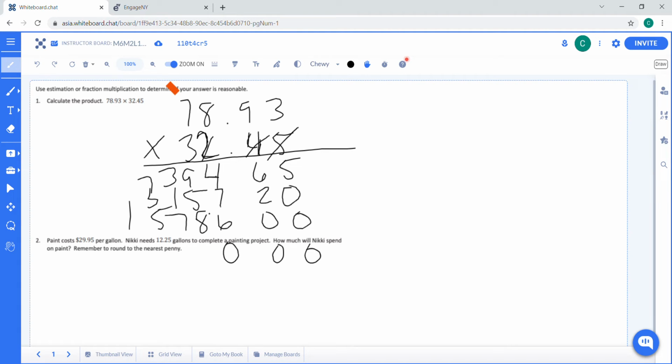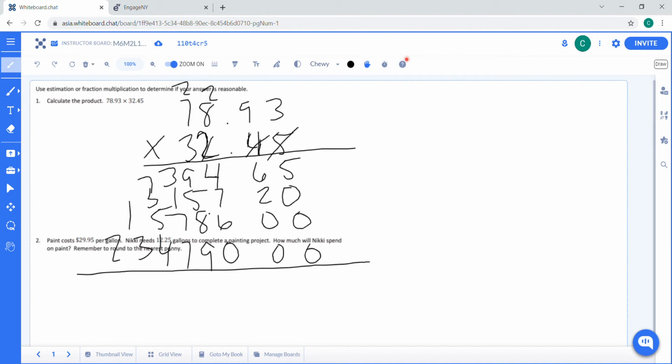3 times 3 is 9. 3 times 9 is 27. 3 times 8 is 24. 7 times 3 is 21, plus 2 is 23.